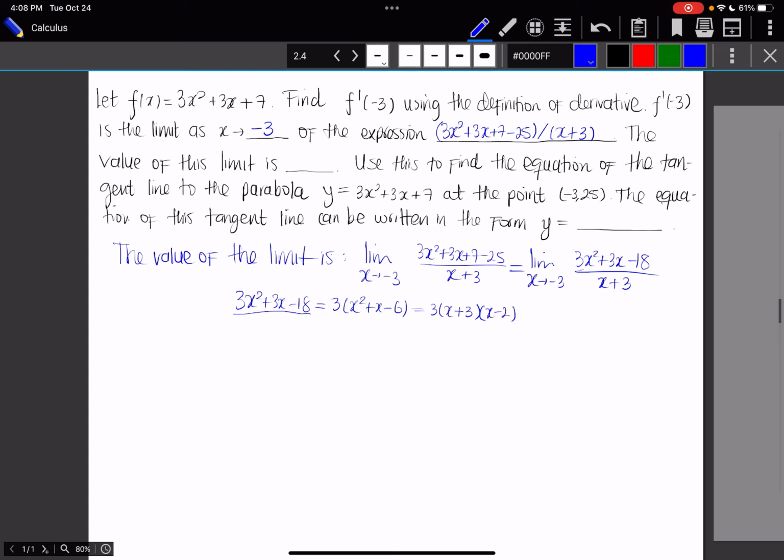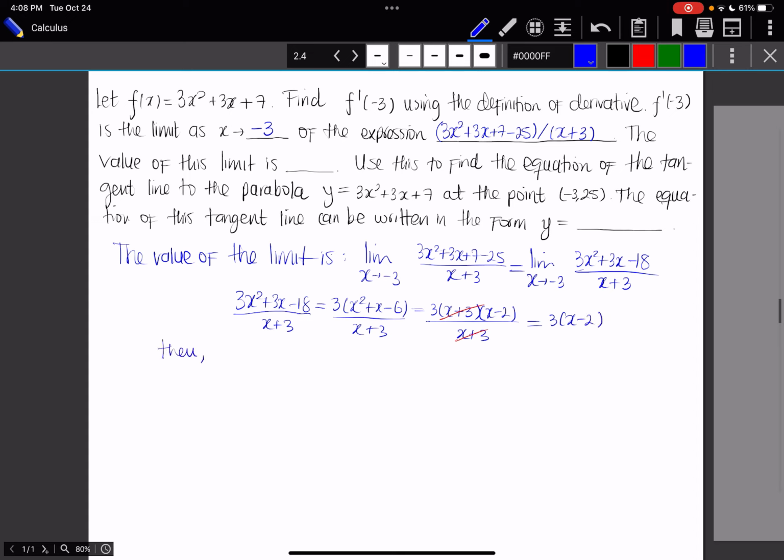Now, when we divide the quadratic 3x squared plus 3x minus 18 by x plus 3, we get this whole expression here divided by x plus 3. The x plus 3 goes away, and then we find 3 times x minus 2.